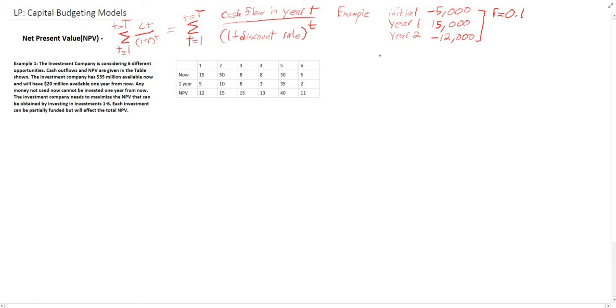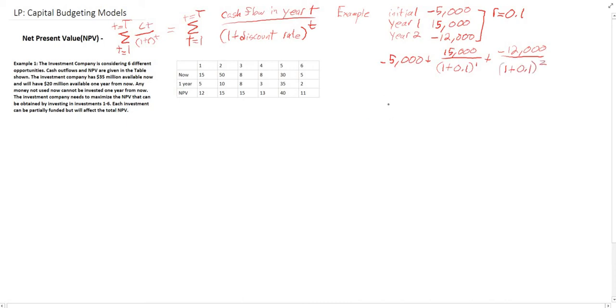So we're going to start out by doing the minus 5,000 plus 15,000 over 1 plus 0.1 to the 1, plus minus 12,000 over 1 plus 0.1 to the 2.